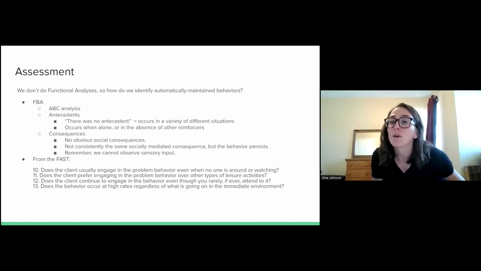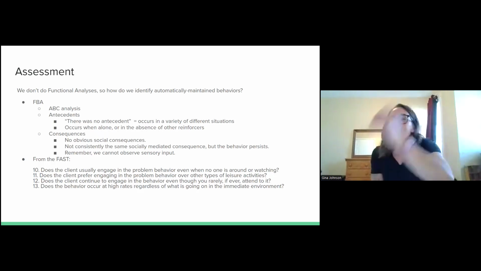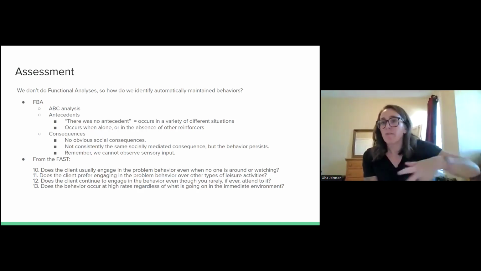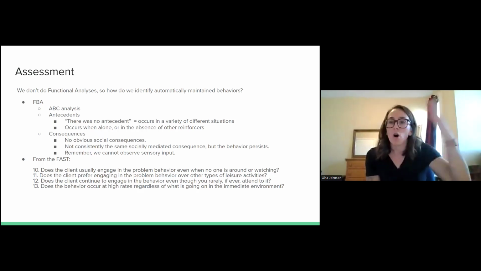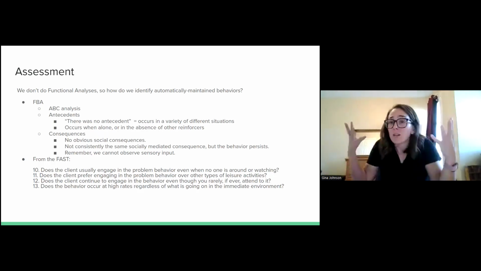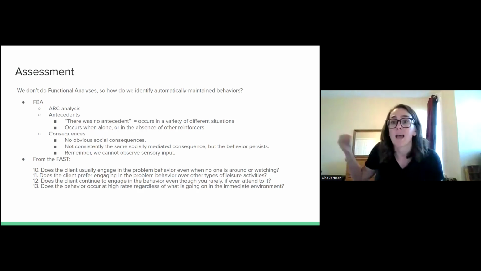It wasn't an observable antecedent. Or it could be that every moment in the room is an antecedent. There are conditions, right? The lights are on or off, there are sounds, there are smells, all of those things are antecedent conditions. So if it appears that there's no identifiable antecedent, it could just be that this is happening in lots of different conditions.